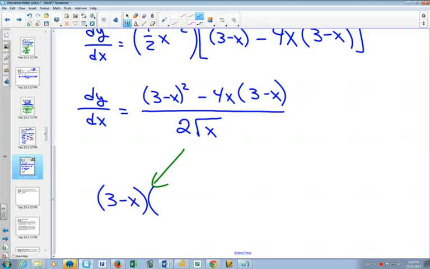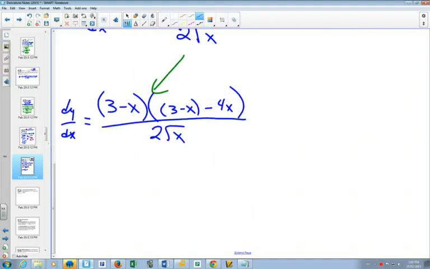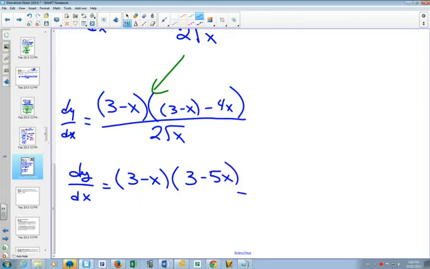If I do that, I would be left with a 3 minus x from the first term minus a 4x from the second term. And then just simplifying that second one, we're done. Okay?